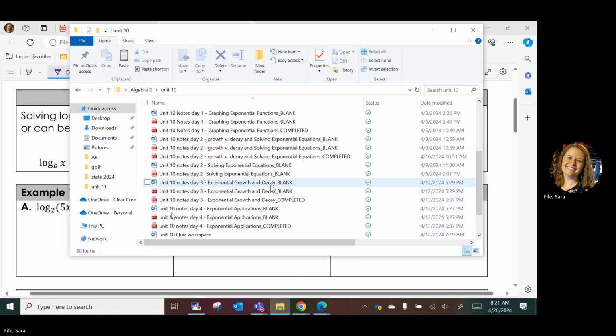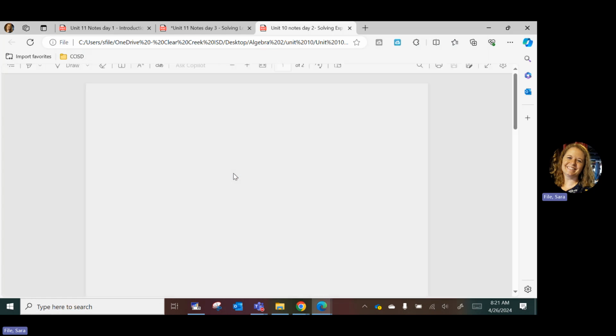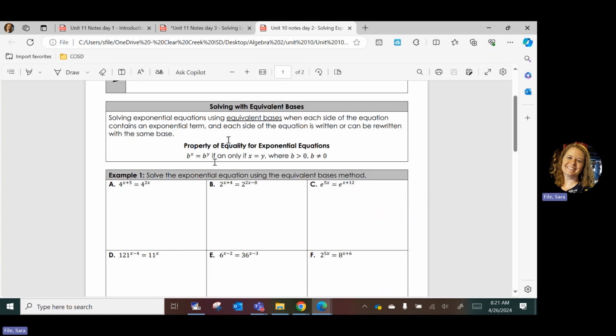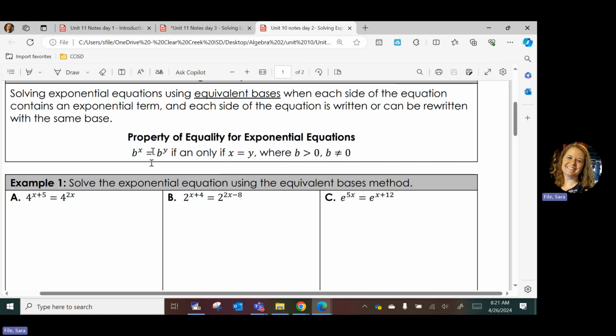Or day 2. Okay, well, I'll look at the blank ones with you. I don't know where the completed ones are. I'll have to go find those later. Okay, but back here, when we did Unit 10, solving exponentials, we had this same property. We said that if you have matching bases of your exponentials, then that means that the exponents must be equivalent to each other.